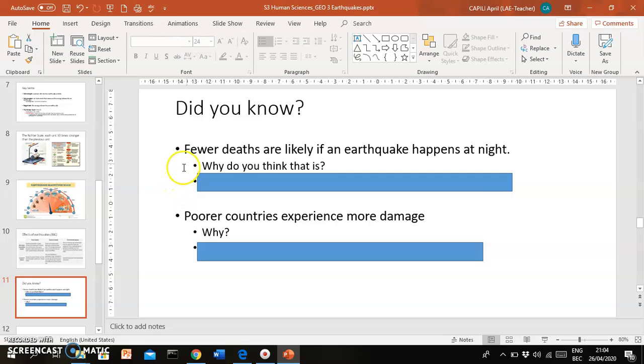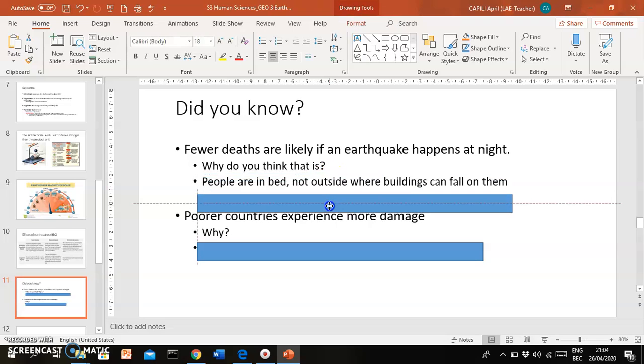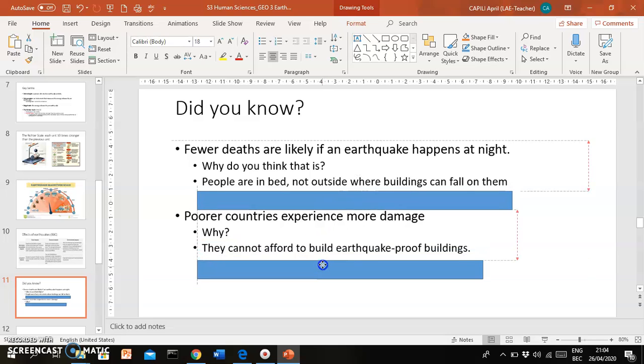Now, just a couple of pieces of trivia. Fewer injuries and deaths are likely if an earthquake happens at night. Why is that? Because people are in bed and there are fewer people outside.